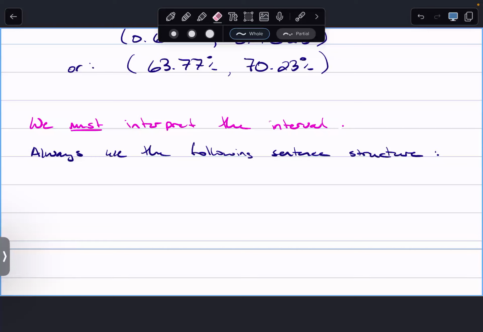So many colons. How about this? We must interpret the interval! It's important. So we're going to use this sentence structure and potentially you'll use it forever, and that's totally fine. It's totally safe.